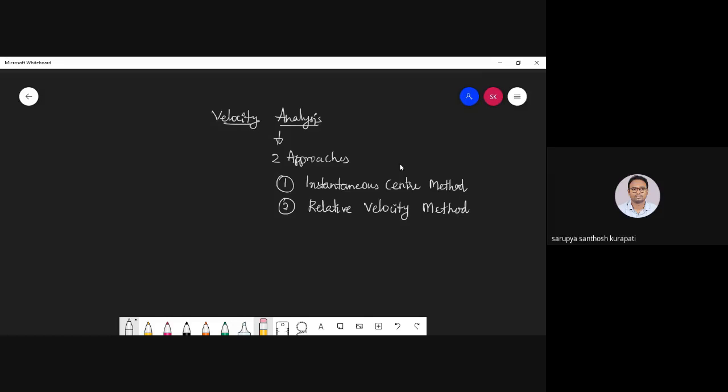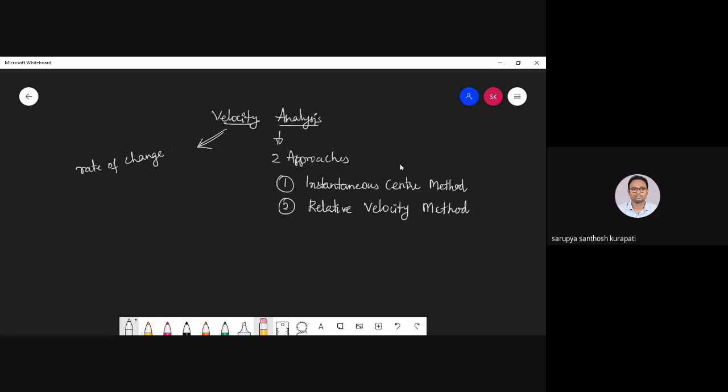Before entering into the instantaneous center or relative velocity method, can you please define what is velocity? The rate of change of speed. Very good. But speed is a scalar quantity and velocity is a vector quantity. Both have the same units.